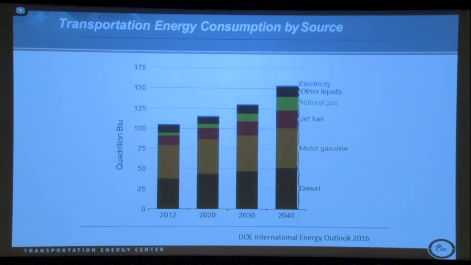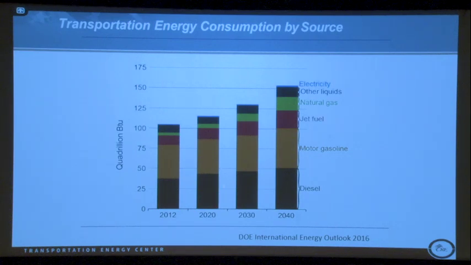If we look at transportation itself, you can see where the energy sources are coming from. Back in 2012, it was primarily coming from gasoline and diesel fuels, with a little bit of jet fuels for airplanes, and very little from natural gas and other electricity sources.